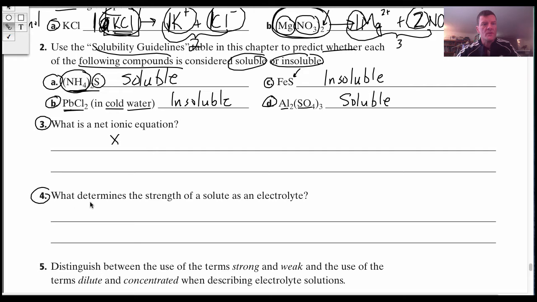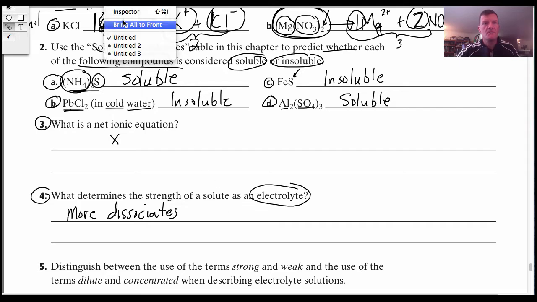Number 4, what determines the strength of an electrolyte? Well, the more the ionic compound dissociates, the more ions you're going to have, and therefore it's going to be a stronger electrolyte. Okay? A strong electrolyte is going to have lots of ions that dissociated very, very well.